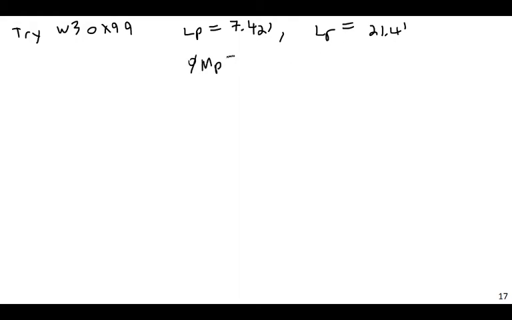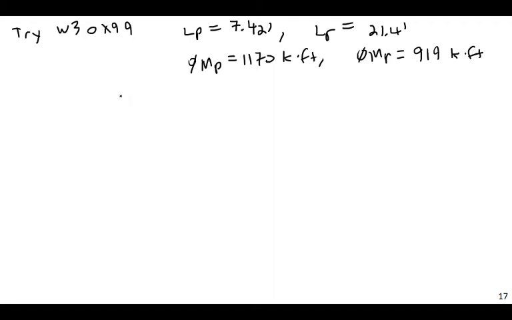So I'm going to try a W 30 by 99. In this case, LP is going to equal 7.42 feet. LR is equal to 21.4 feet. Phi MP is equal to 1170 kip feet. And phi MR is equal to 919 kip feet.